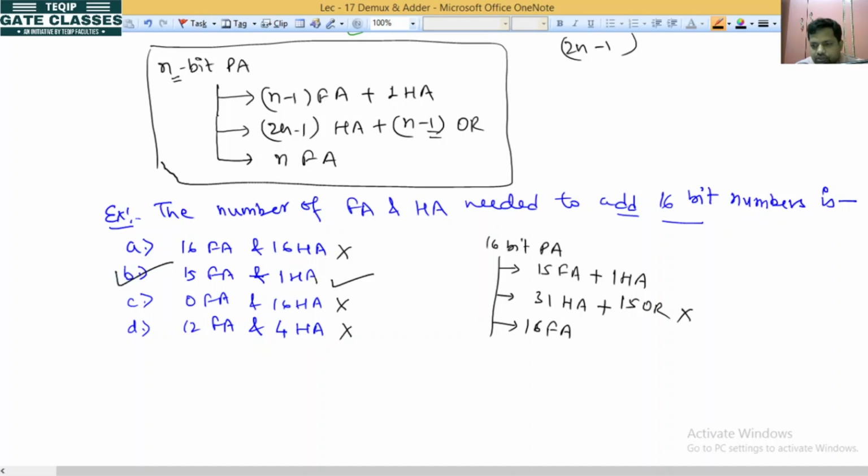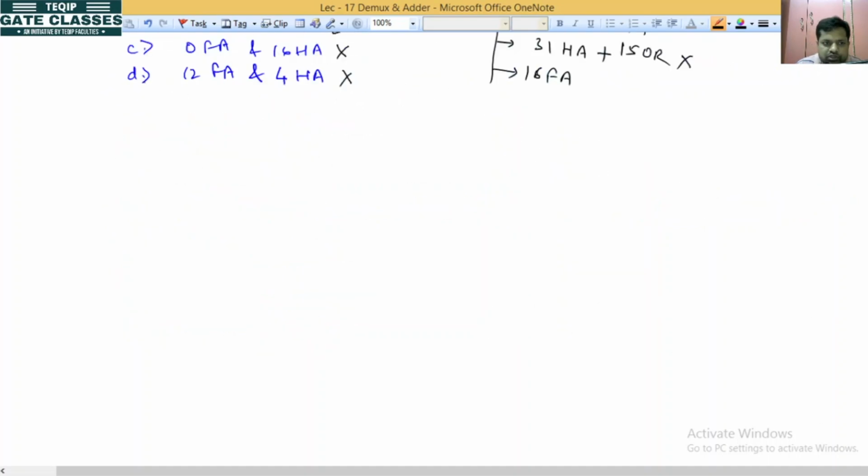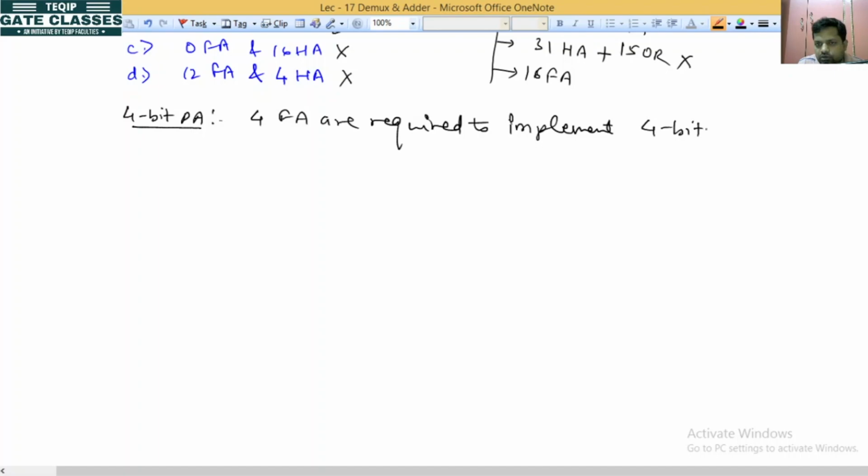Option B is correct. Suppose I want to implement a 4-bit parallel adder with the help of full adders only. So 4 full adders are required to implement a 4-bit parallel adder.